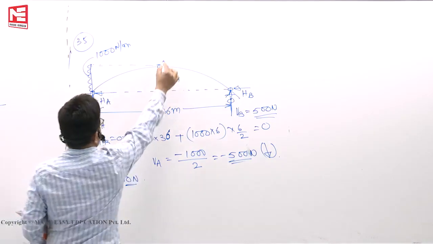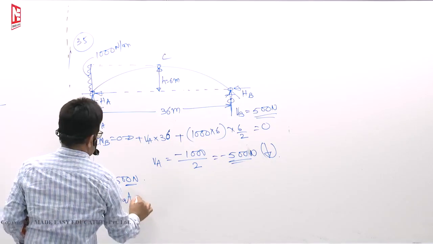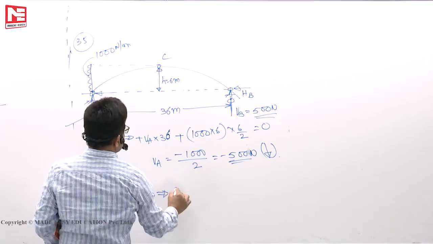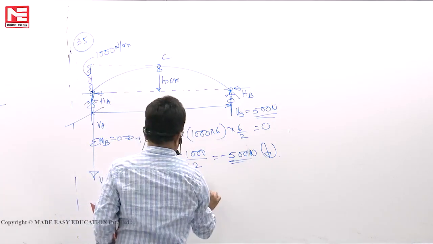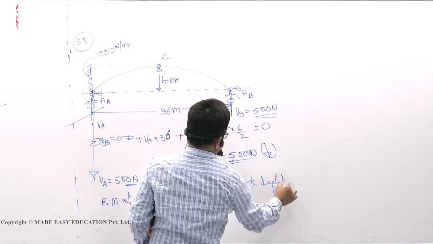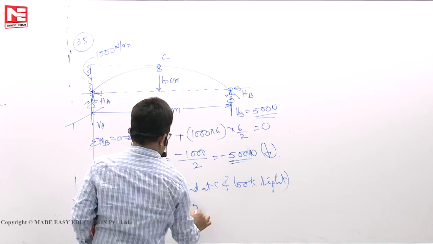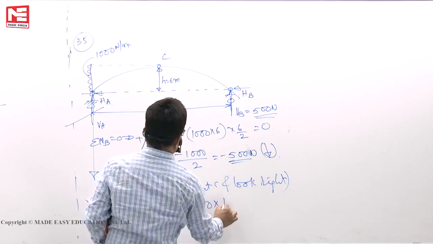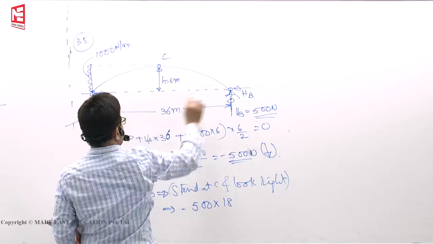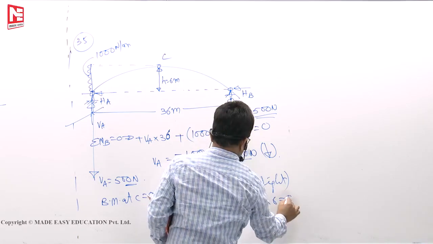Next, bending moment at the crown. Bending moment at C is equal to 0. Stand at C and look right. Easy for us. The load you don't have to consider. Minus 500 into 18 anti-clockwise, plus HB into 6 is equal to 0.